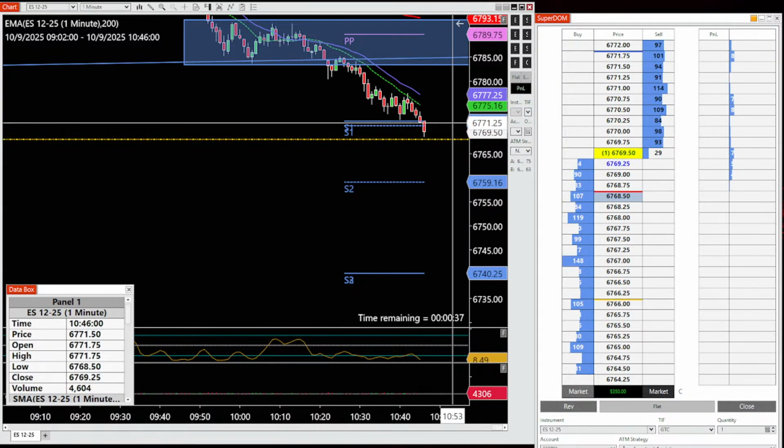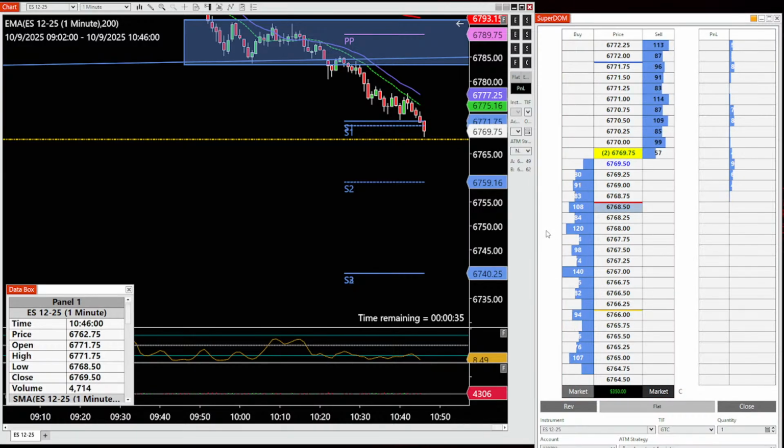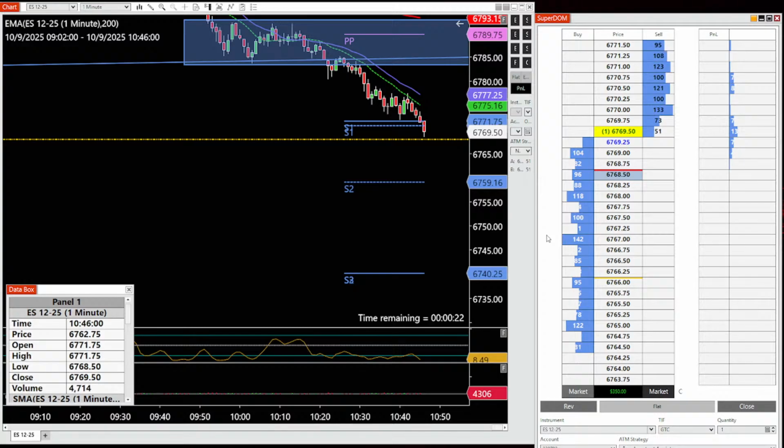Previous week's open at 68. Is it going to dip below to get a bounce? This could get a 4-point bounce.